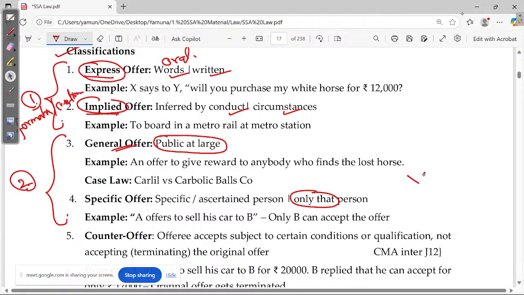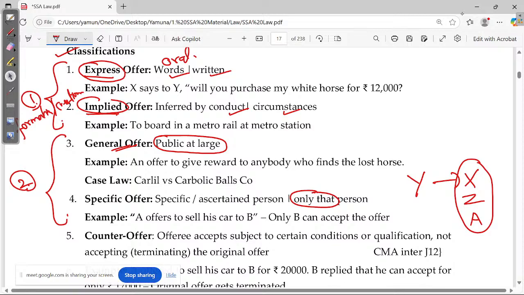For example, myself offering to sell my car to you, only you, which means one specific person. Myself offering to sell my car to you, to Mr. Z, to Mr. A. All these three are specific persons. Specific person means not one person alone, it can be to that specific group also.